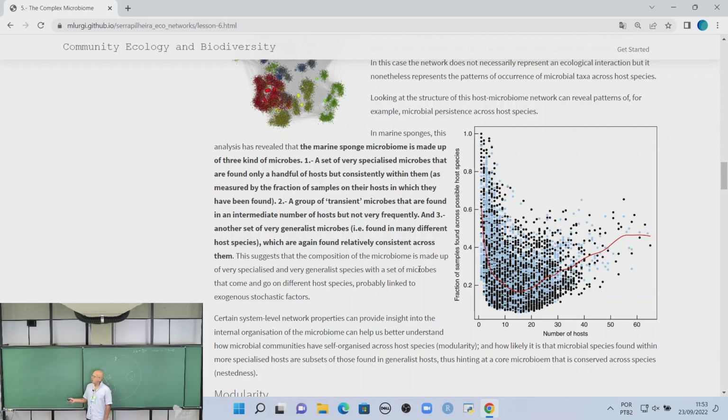So how many host species, or equivalently how many links each of these microbial taxa has in the network. And then on the y-axis, we have the fraction of samples from all of the host species in which that microbe has been found.